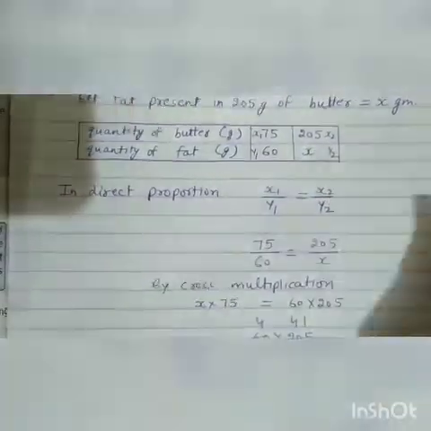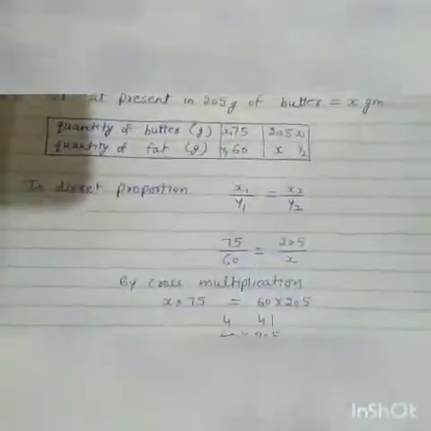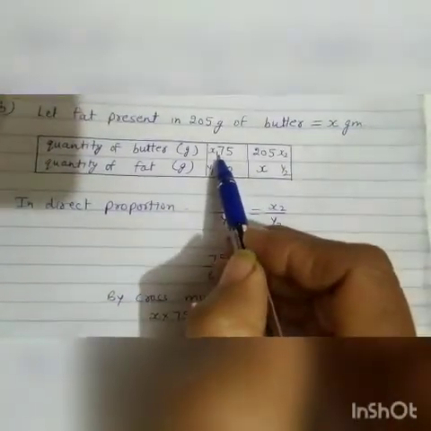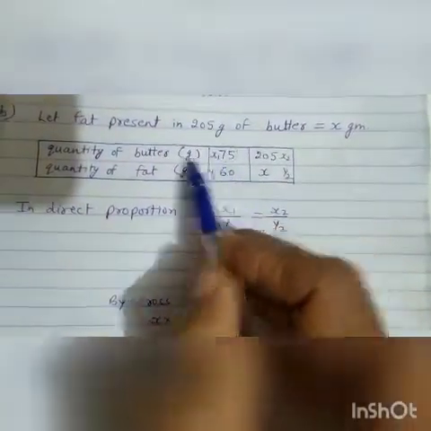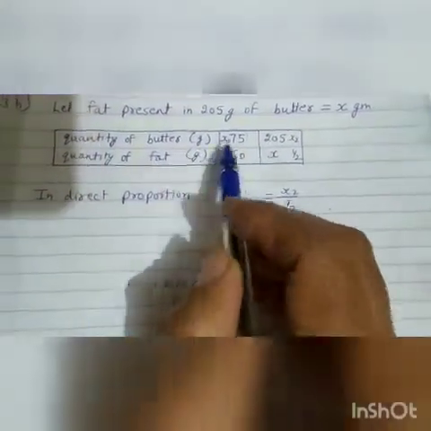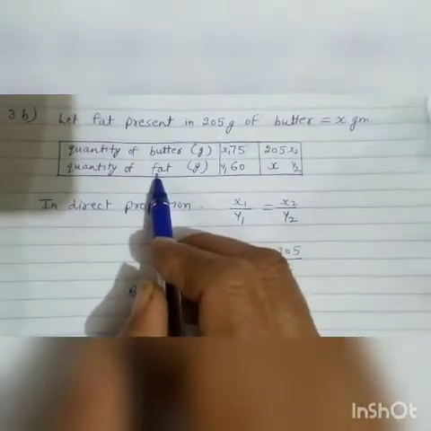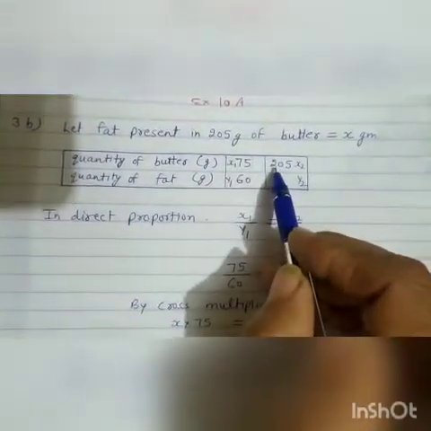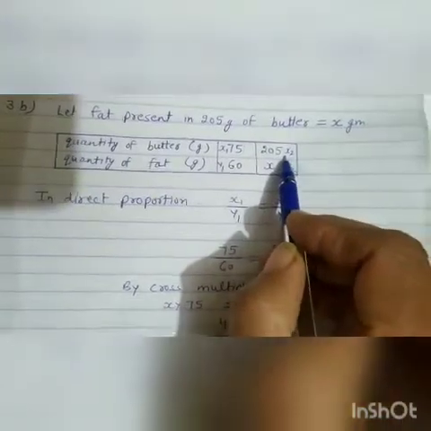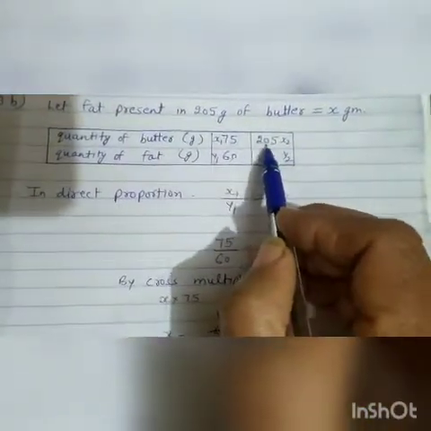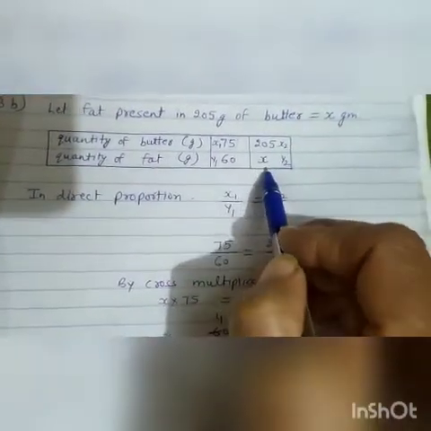Again, we will apply the same. If we eat 75 gram of butter, then we get 60 gram of fat. If we eat 205 gram of butter, it means if we eat more butter, we will get more fat.